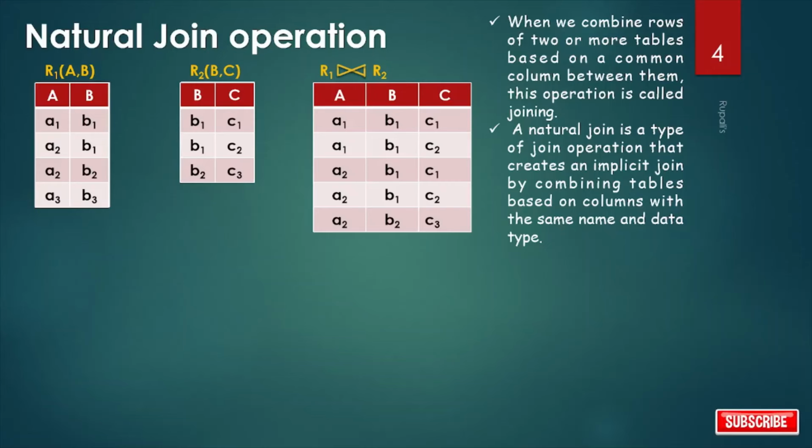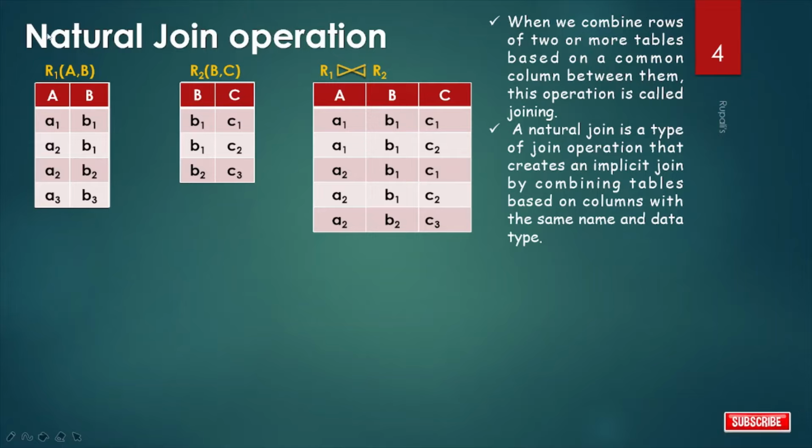Before learning the semi-join based algorithm, first we have to learn what the natural join operation is. Let's recall the natural join operation. When we combine rows of two or more tables based on a common column between them, this operation is called joining.